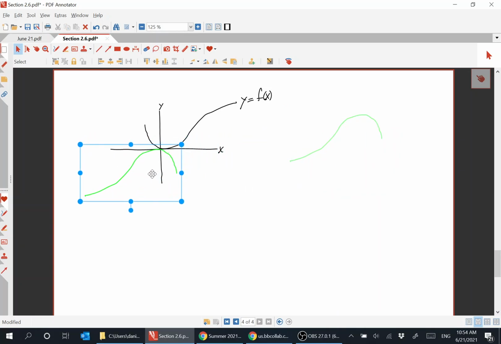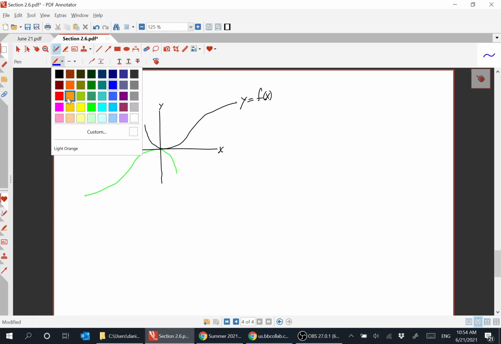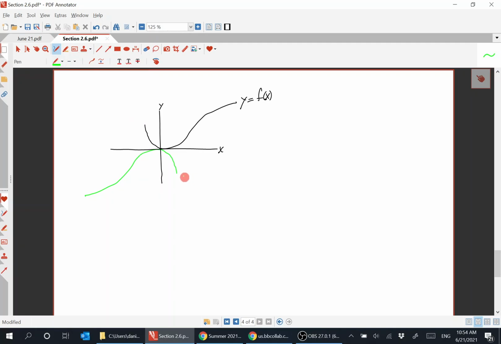And that's called a reflection through the origin. Y equals minus f of minus x, the reflection through the origin, or the reflection about both axes.